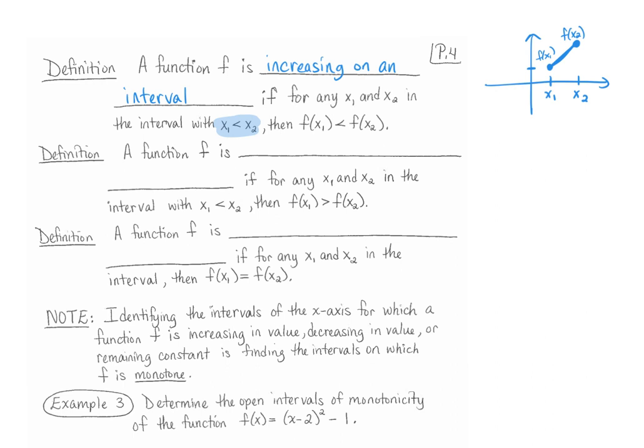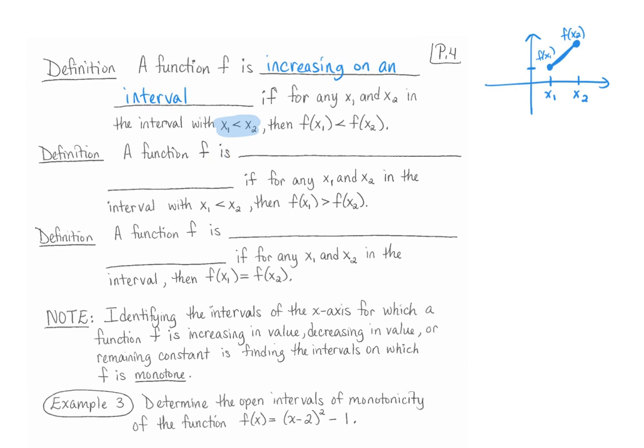Okay. So whenever you have x1 less than x2, we know our function is increasing whenever f of x1 is less than f of x2. So increasing would look like this.